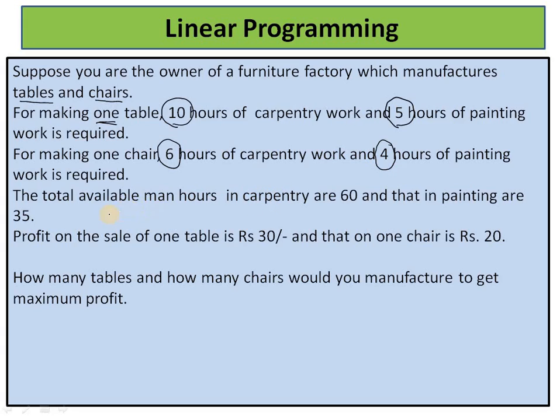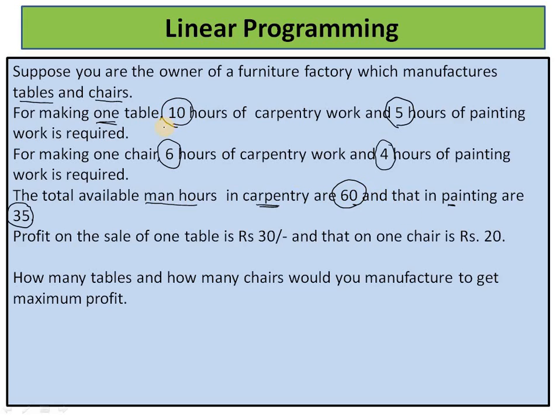Understood, children? Now, your resources are limited. You have available man hours per day, let us say, 60 in carpentry. And you have available man hours of only 35 in painting department. This table is first made in carpentry department, then goes for painting. Similarly, chair is first made in carpentry department, then goes in painting department.